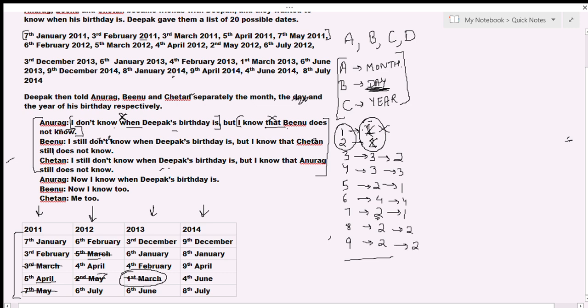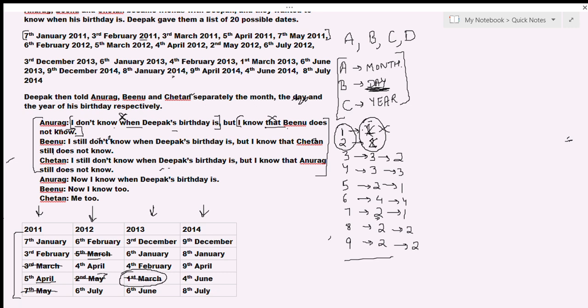Now see, here Binu is saying I still don't know. Had Binu known that the date is 5th, he would have been very much sure that it would have been 5th of April. This means that the date was not 5th.